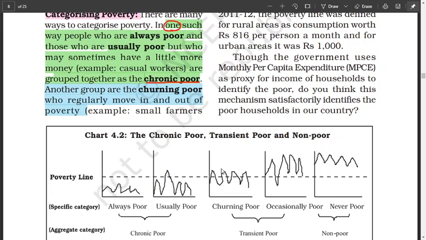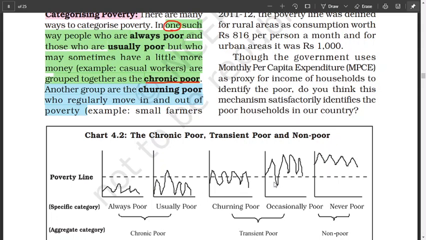If there is a slump in activities, they become poor, so they are churning poor. But the occasionally poor are above the line always, but sometimes due to bad luck, they reach the level of poorness. Otherwise, they are always above the line. So that's why they are occasionally poor. Mostly they are not poor, but occasionally, due to circumstances, they are poor.